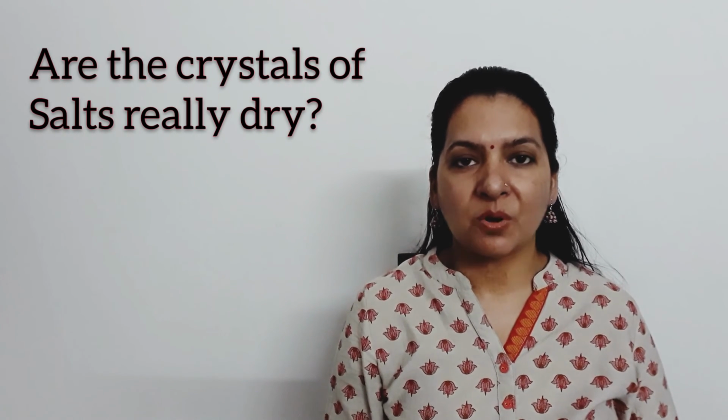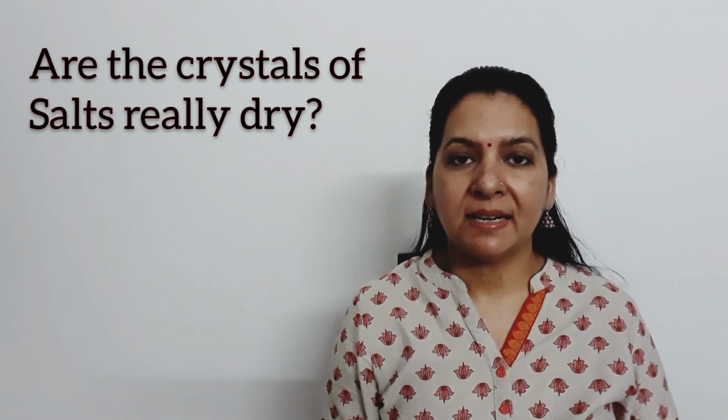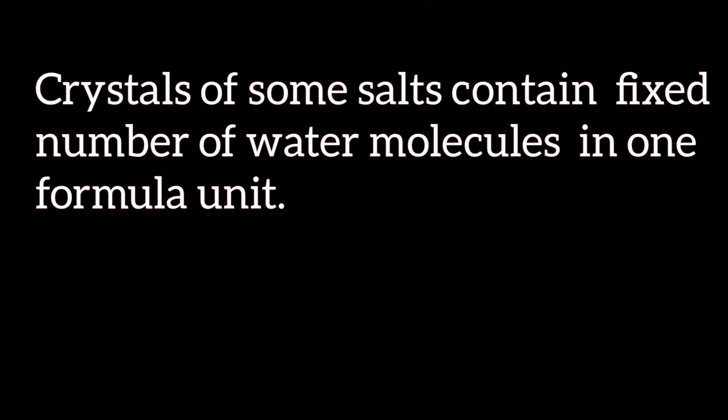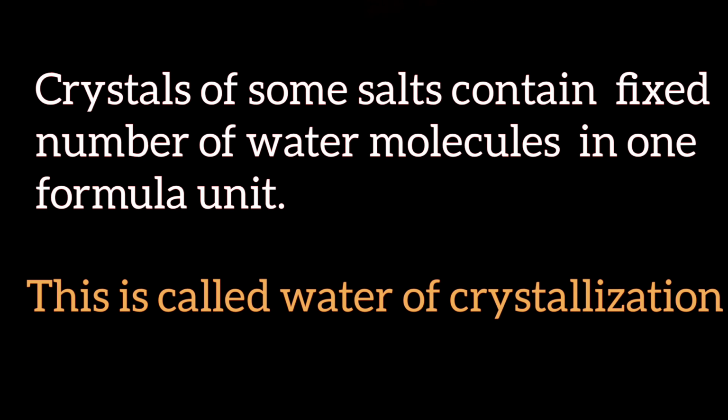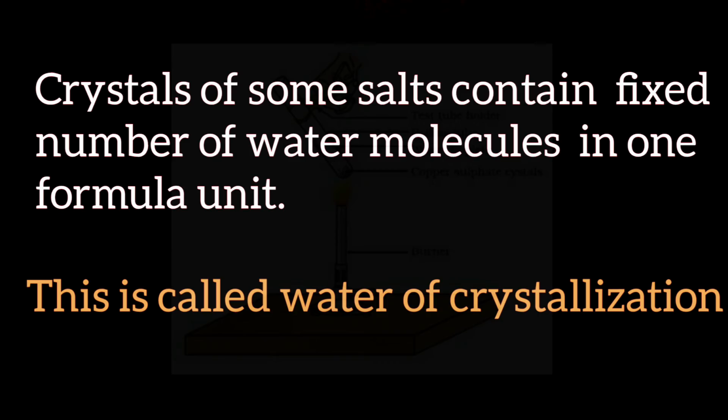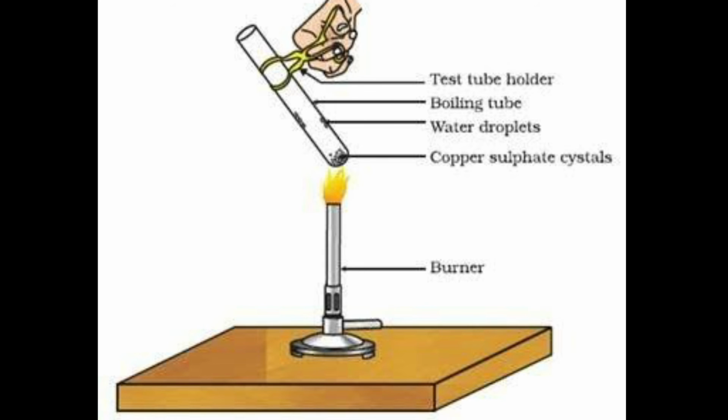Our next topic is, are the crystals of salts really dry? Let's see. Crystals of some salts contain fixed number of water molecules in one formula unit. This is called water of crystallization. Let's take example of copper sulfate. We take crystals of copper sulfate in a dry boiling tube and heat it. We observe that the blue color of copper sulfate crystals turns into white.